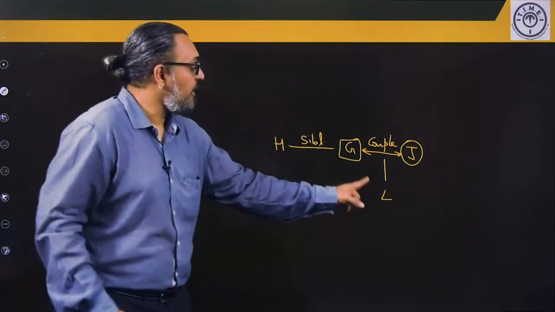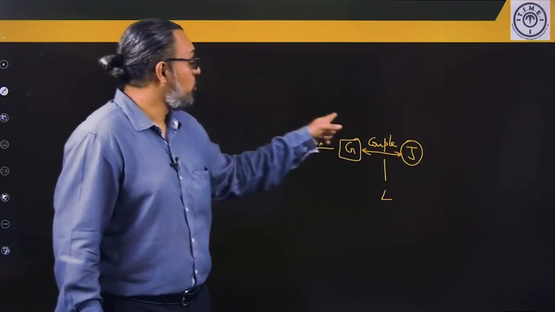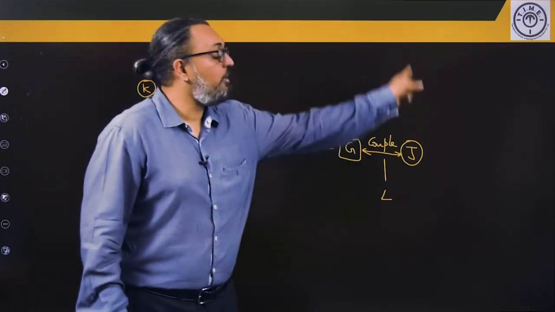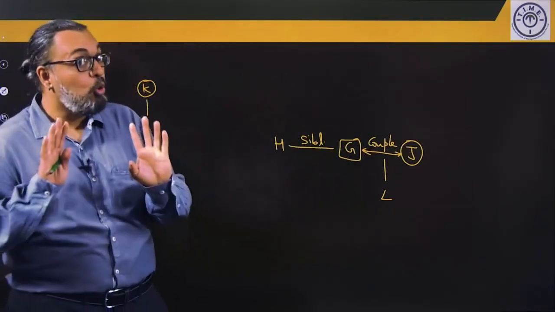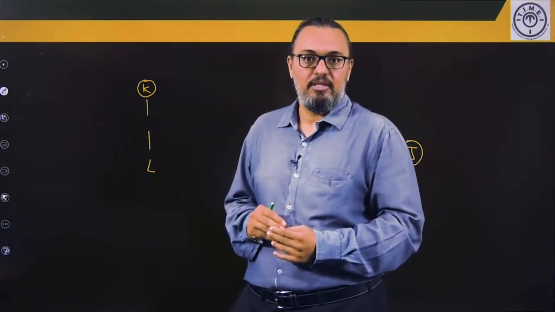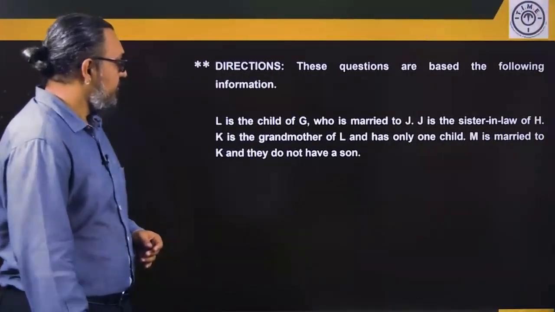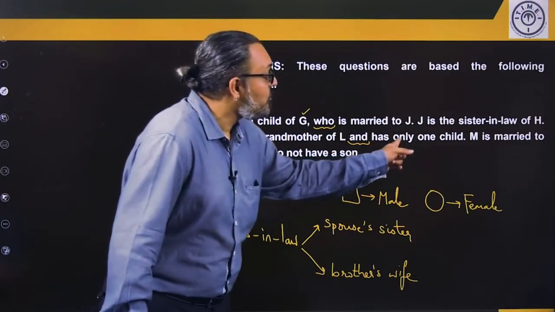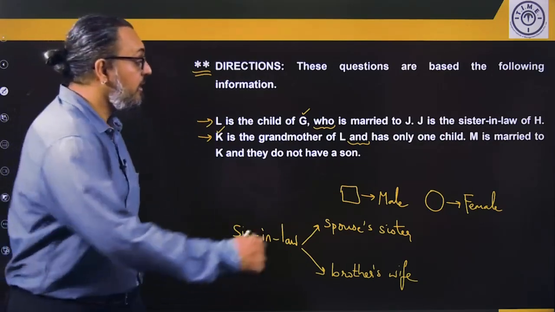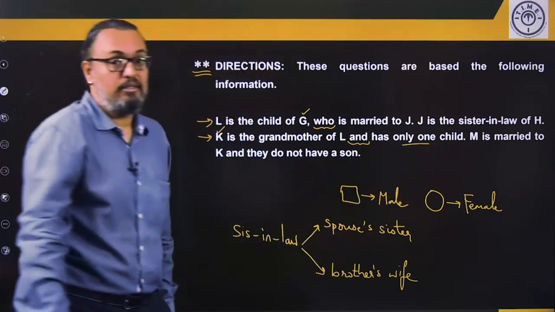Now, here see, L has a father, L has a mother. So K can be given to either of them. I don't know where I have to give, so that is why we put it separately like this. We will come back to it. Understood the point? Yes. Then, "and has only one child." See, he says only one child.